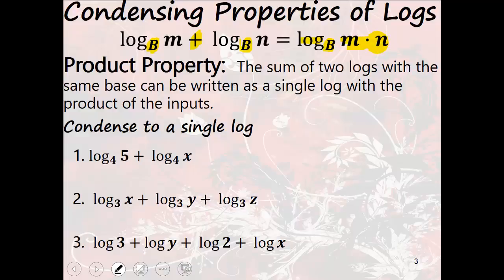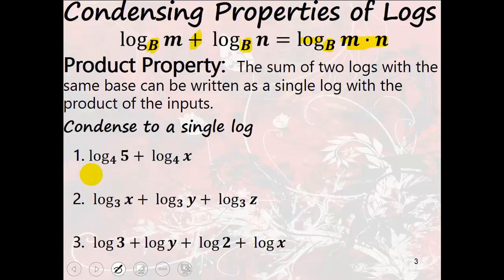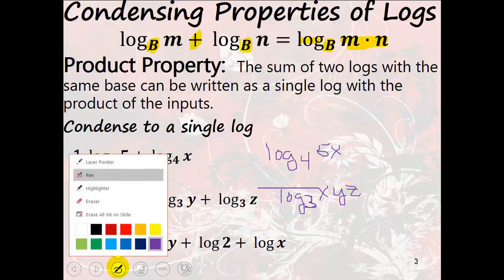So on number 1 here, this would be log base 4 of 5 times x. 5x is my input. Number 2 would be log base 3 of the input x times y times z.